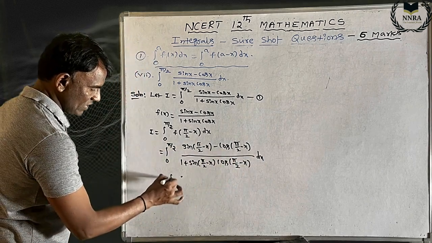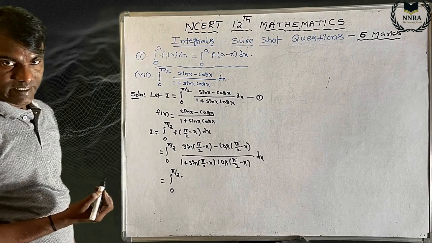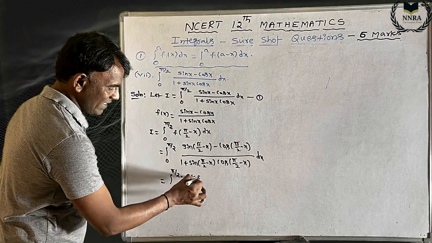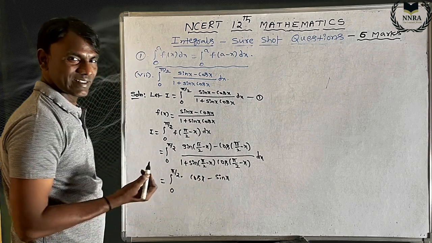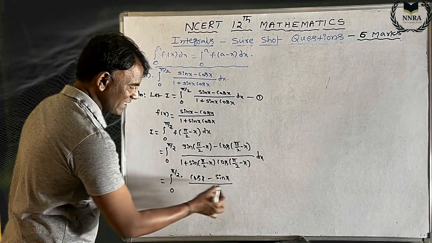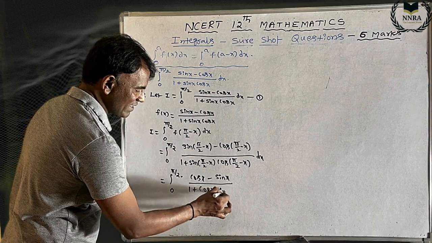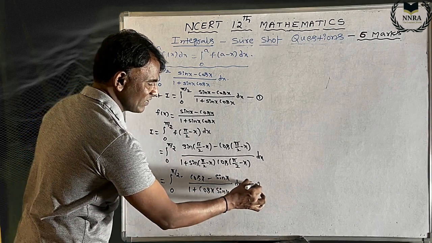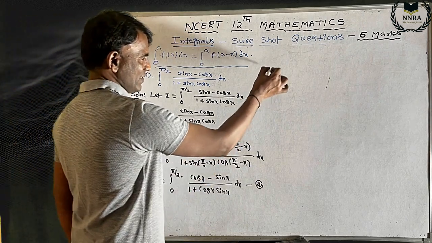So integral 0 to pi by 2. What is sin of pi by 2 minus x? Cos x, right? Cos of pi by 2 minus x is sin x. And coming to denominator 1 plus, it is cos x. Second one is sin x, then dx. Now equation number 2.